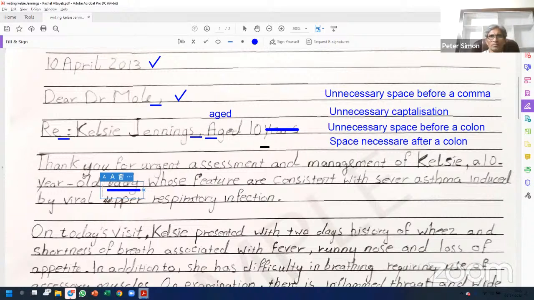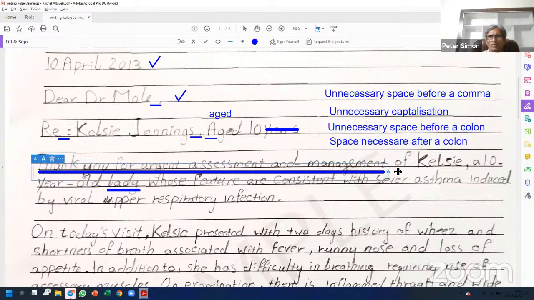Thank you for urgent assessment and management. So don't write like this. This is correct only, this is not wrong, but the quality is not excellent. Quality should be excellent.